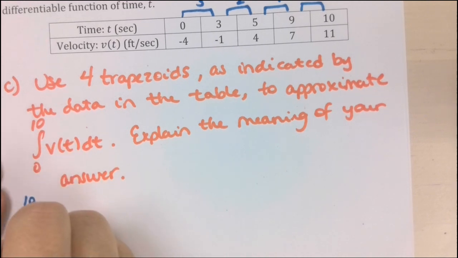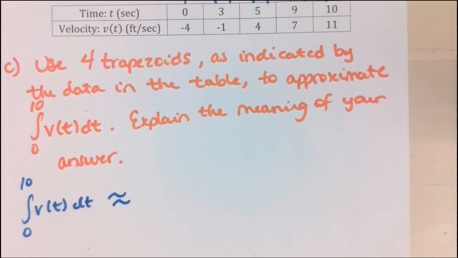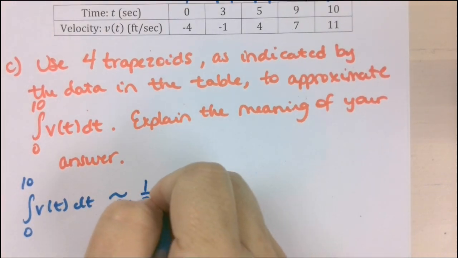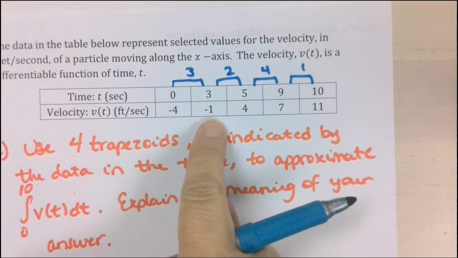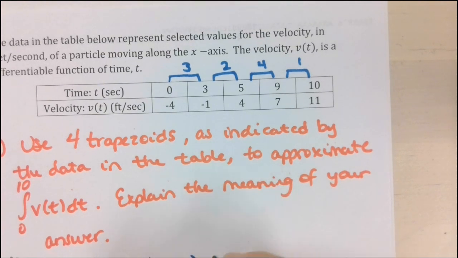Integral from 0 to 10 of v of t dt is approximately: my first trapezoid is going to be 1/2 times base 1 plus base 2 times the height of 3.